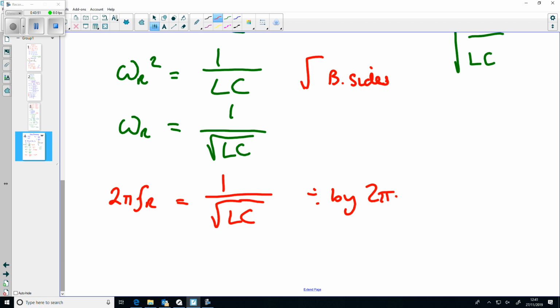So we end up with the resonant frequency is 1 over 2 pi root LC. So if we know the capacitor and the inductor values in a circuit, we can find the resonant frequency of a circuit.